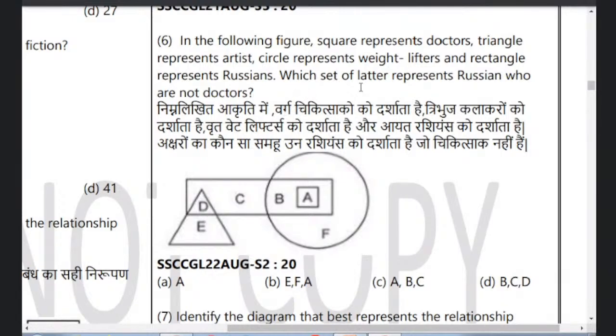Russians lie in the rectangle, so we have to remove the D and E. If we check, D and E is the doctor? Yes, doctor. No, only A is the doctor. So option D and E.